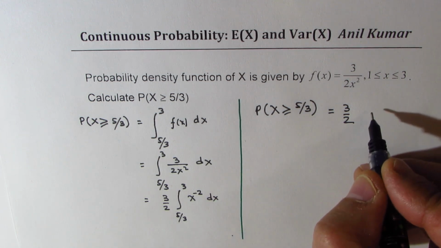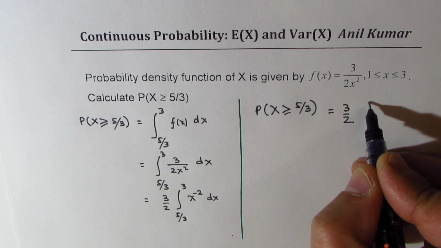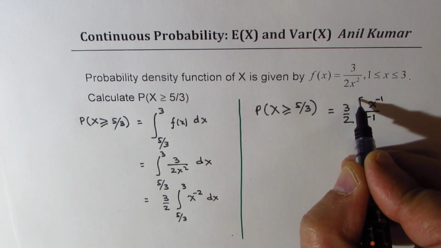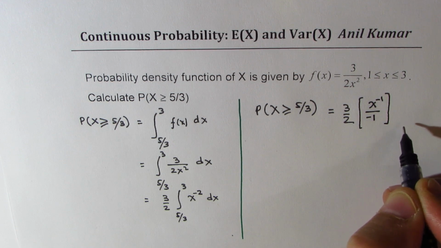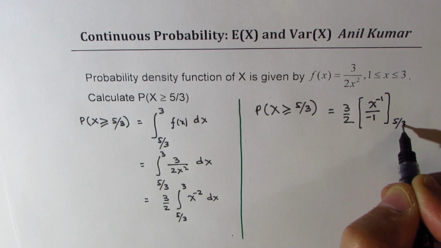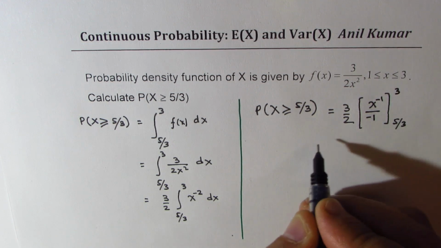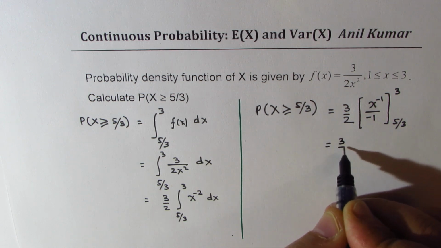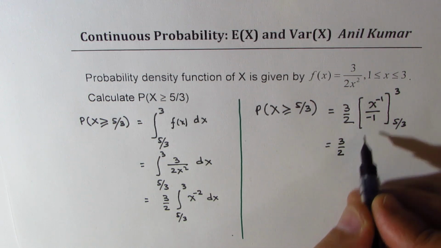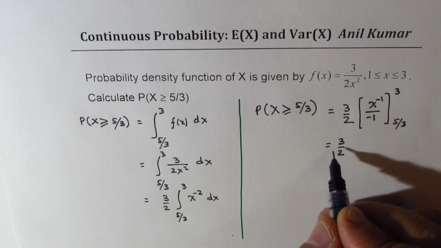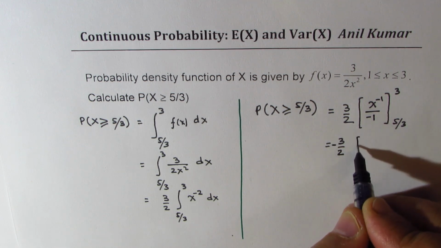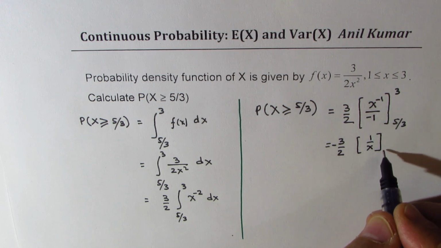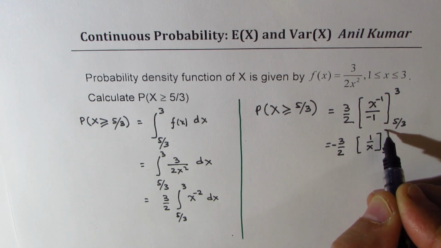So we get this as x to the power of minus 1 over minus 1 from 5 by 3 to 3, which could be written as equal to 3 by 2. So minus outside, let me take minus outside, 1 over x from 5 by 3 to 3.